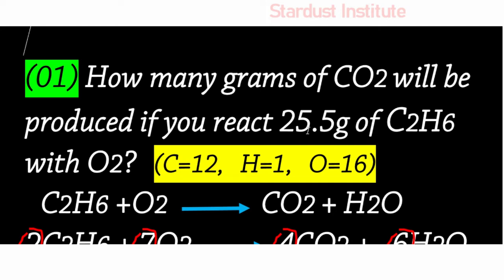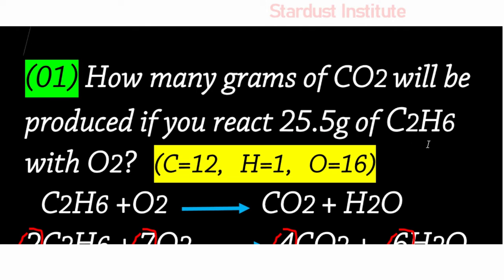Here we have been given 25.5 grams of ethane, C2H6. First of all, we need to convert this to moles of C2H6. We can do this in this way. 25.5 grams of C2H6 divided by the molar mass of C2H6.